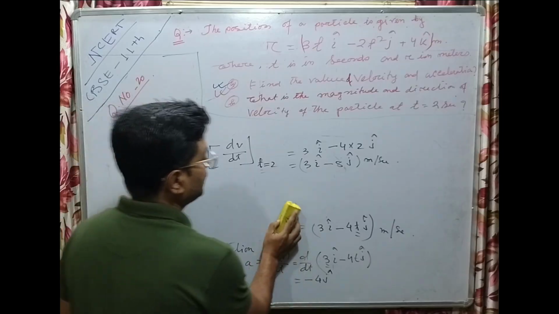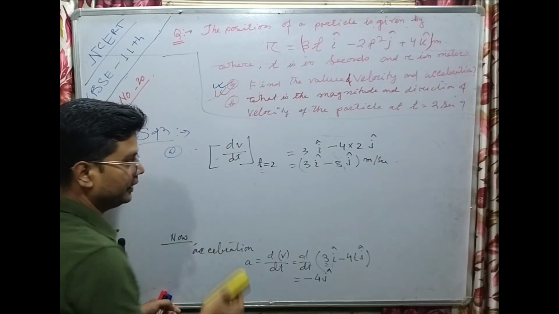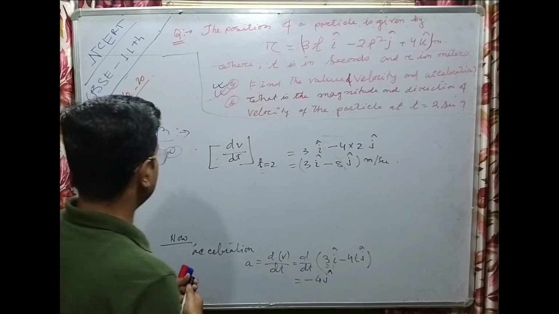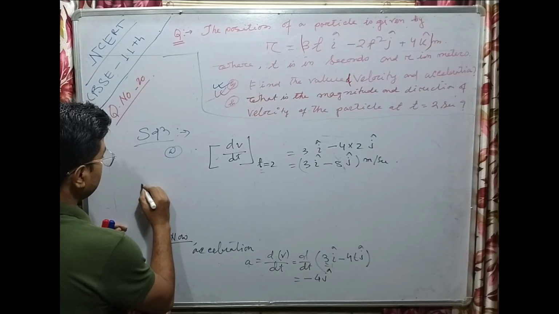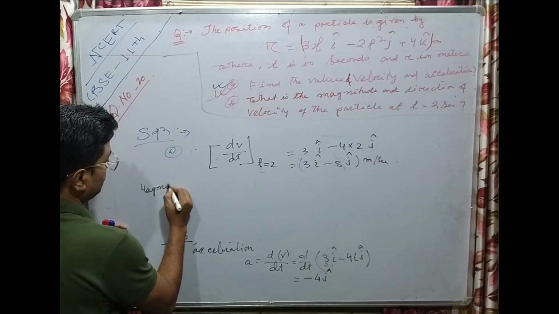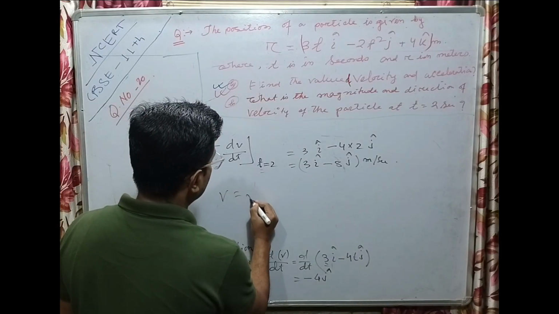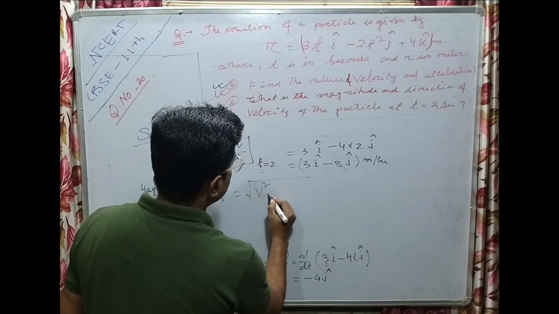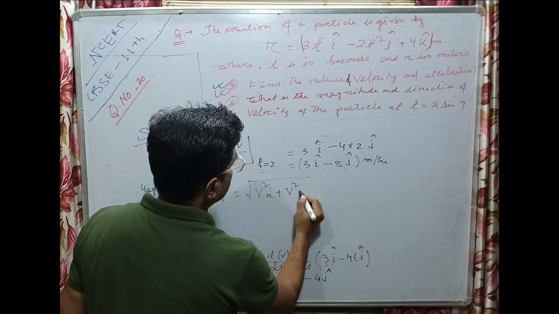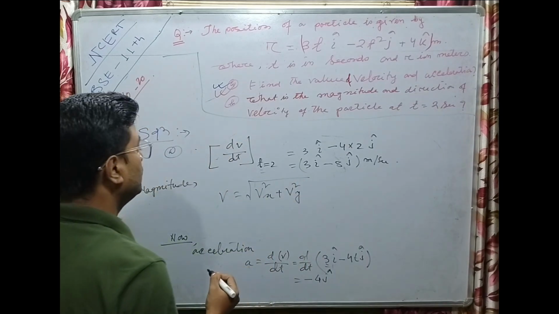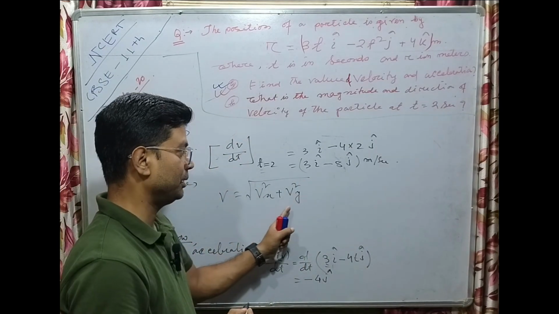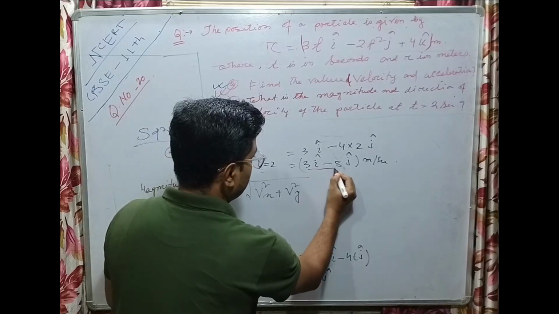Again, what will be the magnitude of the velocity? Magnitude of the velocity v is equal to root under vx square plus vy square. Velocity along x-axis and velocity along y-axis is here.